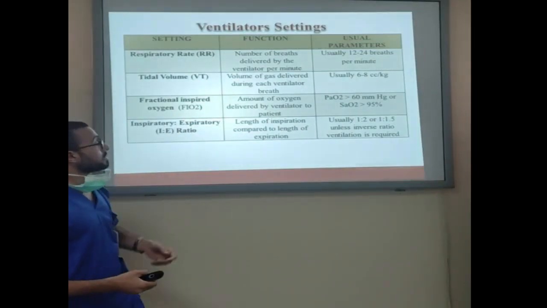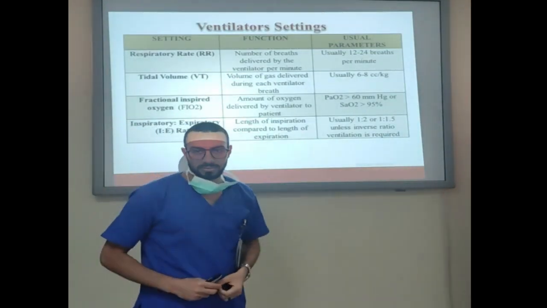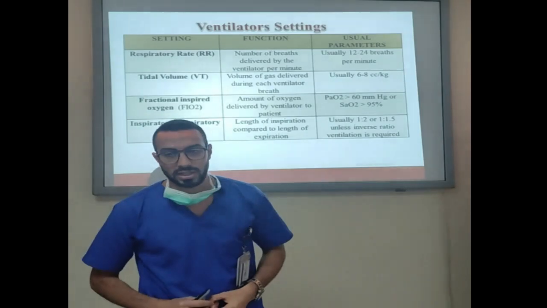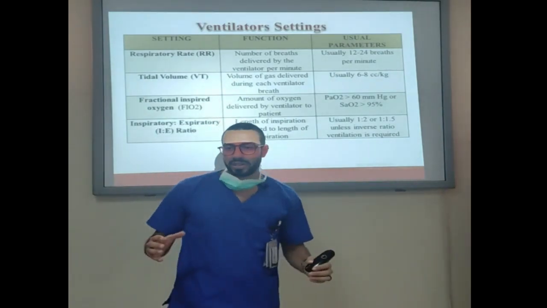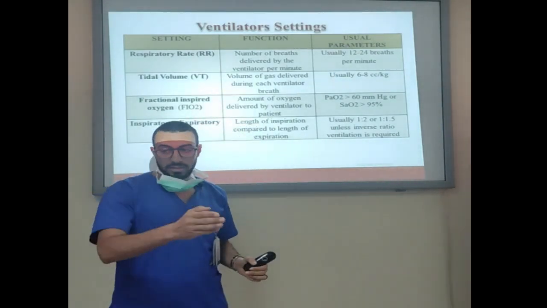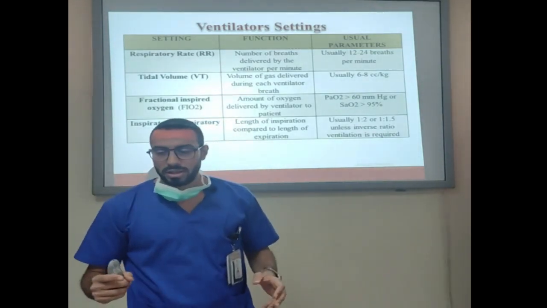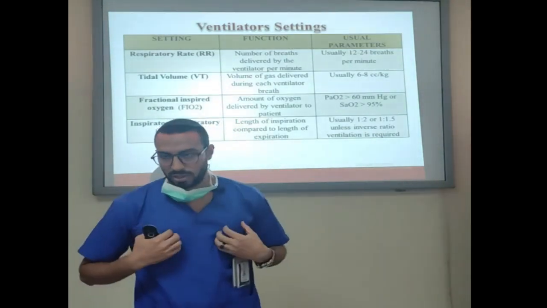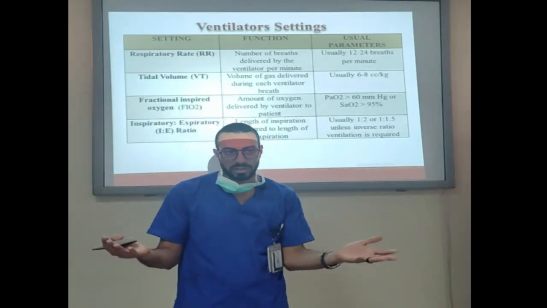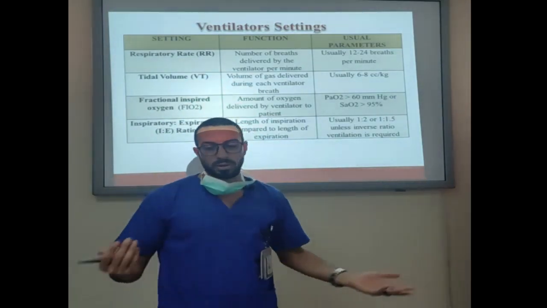Second, tidal volume. This is a very important parameter. Tidal volume means the volume of air that will enter the lung in one breath. Each breath, your lung can take some amount of air, and it's different between every one of us.